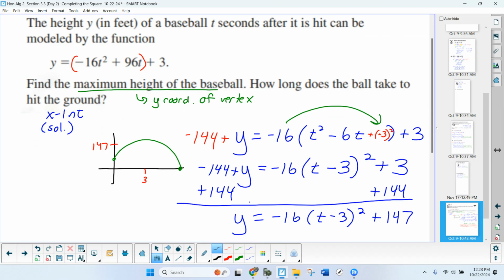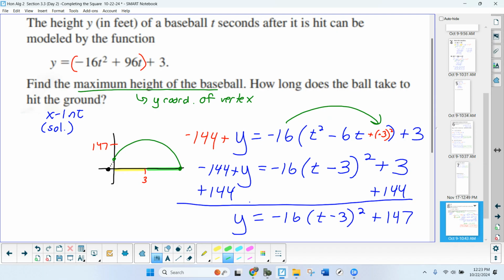Do you see that? Because here's my other x-intercept. Do you guys see it? So it's not symmetric. I'll show you the distance from here to here is not the same as the distance from here to here. So you can't just double it.